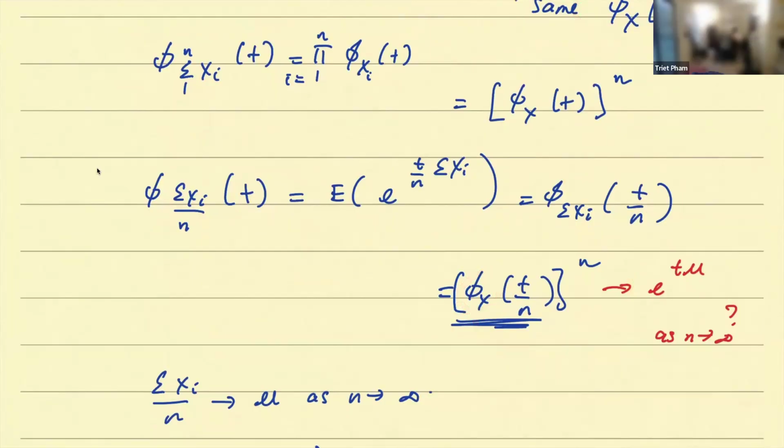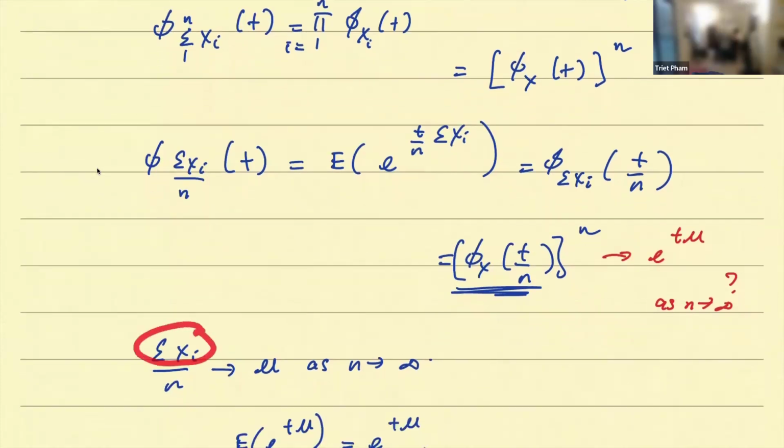But this is actually not surprising, because the law of large numbers claims as much. It claims that no matter what the xi is, the empirical average will converge to its true mean, which is mu. So if it's Poisson, it still converges to lambda. If it's exponential, it converges to 1 over lambda. If it's binomial, it converges to np.